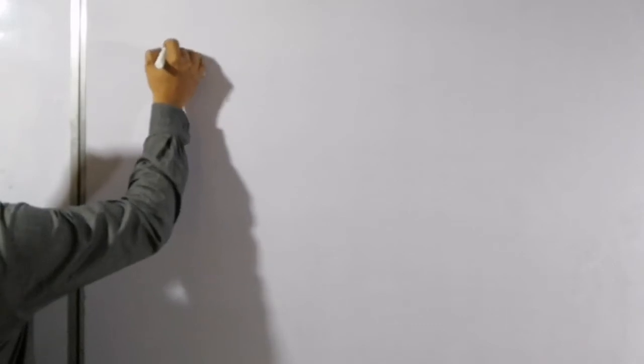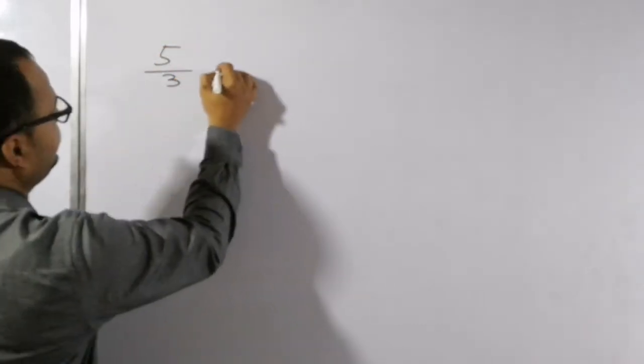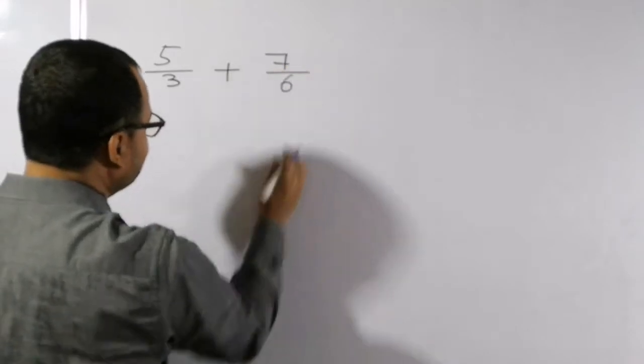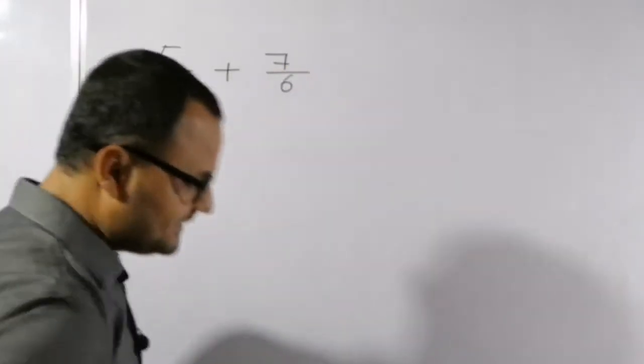Now when we add unlike fractions, suppose we have to add 5 by 3 plus 7 by 6. Now 3 and 6, these are different numbers, they are unlike.